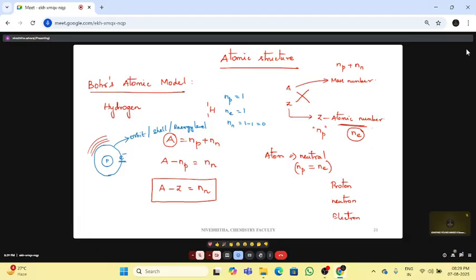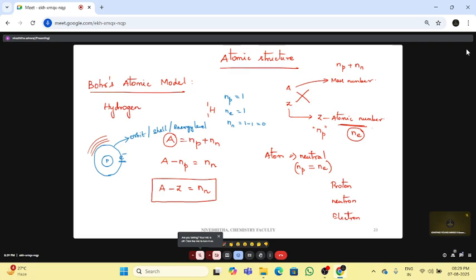If the electron is present in the first shell, it will have a particular amount of energy. If it is in the second shell, it will have a different energy, and similarly for the fifth or sixth shell.